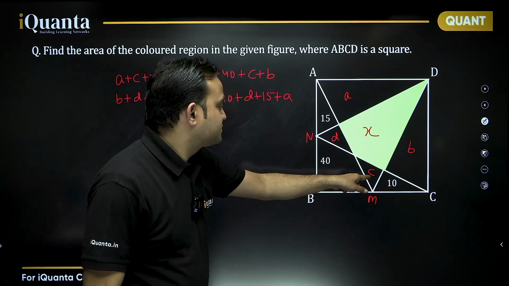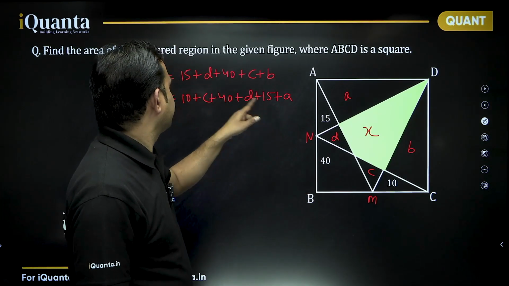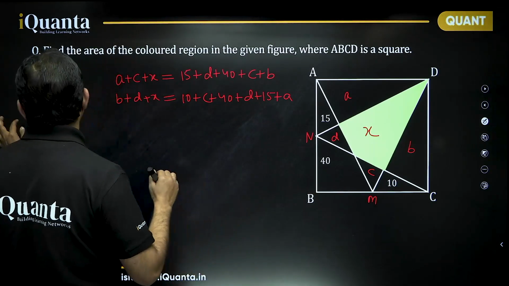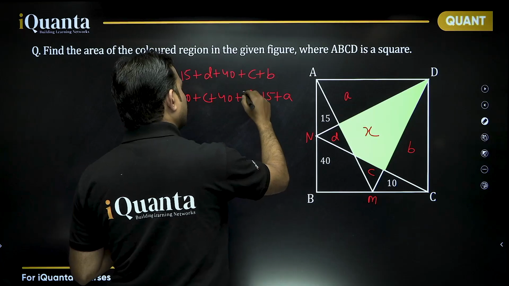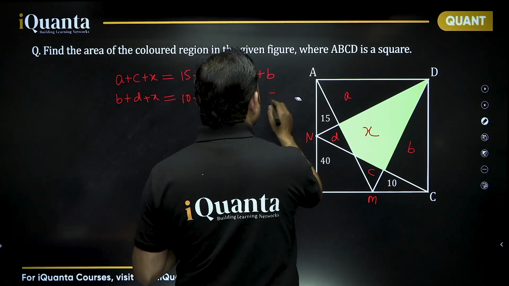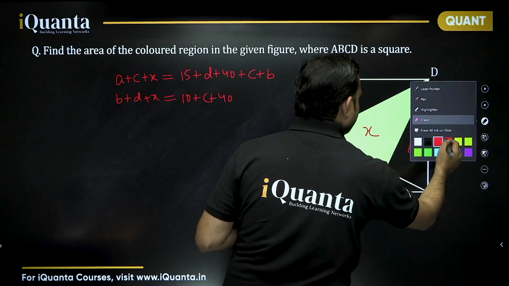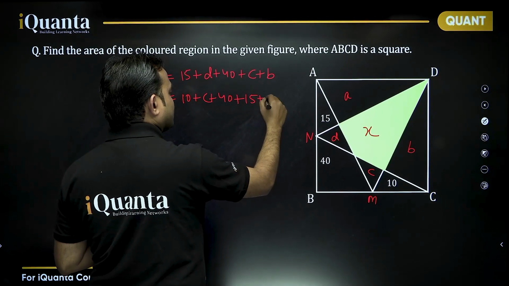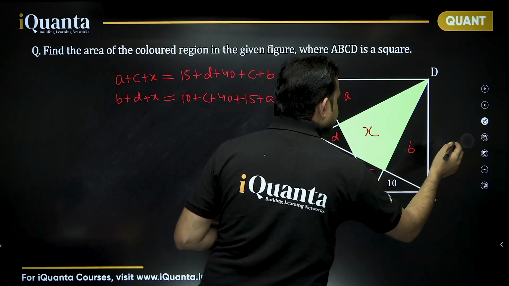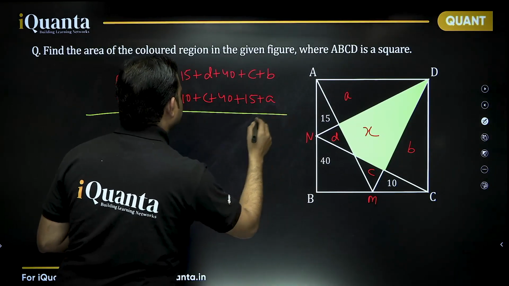10, C, 40, 15, A, 10, C, 40, oh, not D. D is part of the given triangle already. So this will be 15 plus A. Now if I add these two, what do we get?